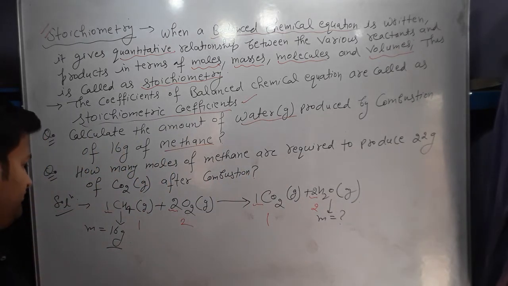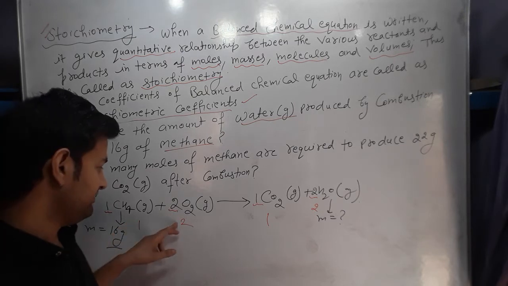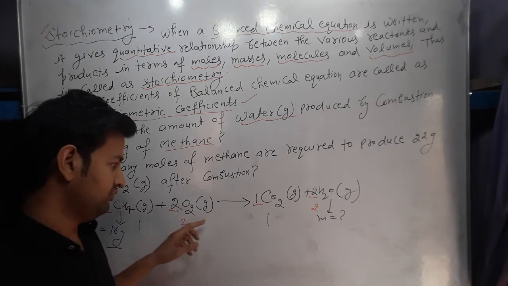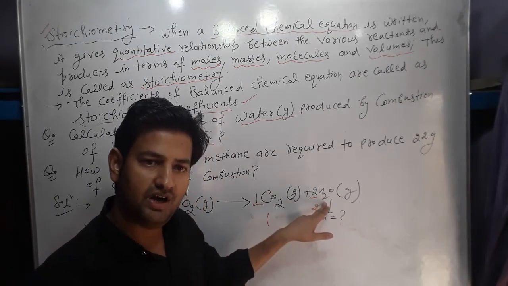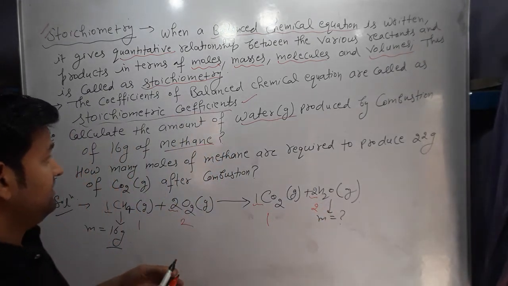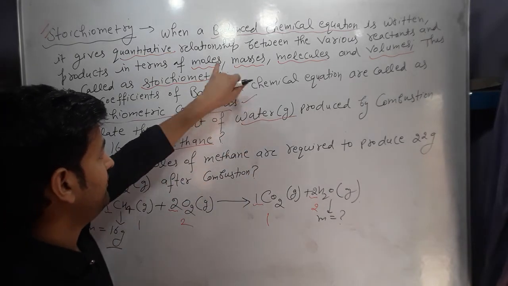We can say that 1 mole of methane reacts with 2 moles of oxygen gas to produce 1 mole of carbon dioxide and 2 moles of water. This is the stoichiometry in terms of moles.